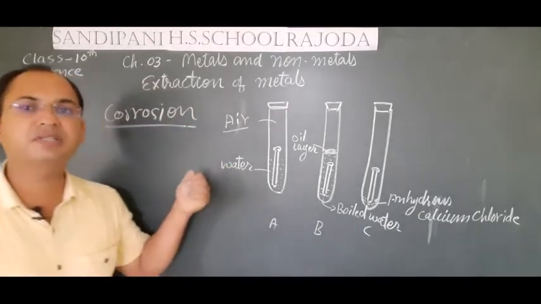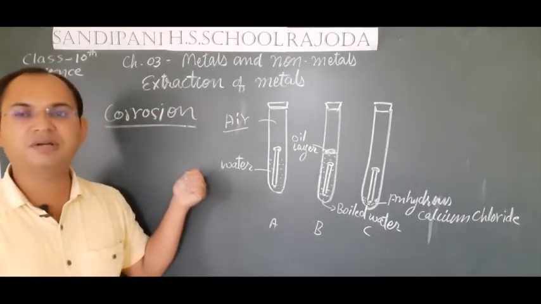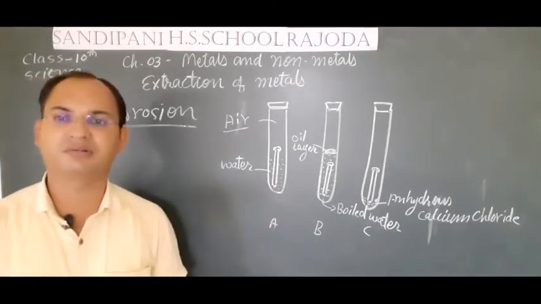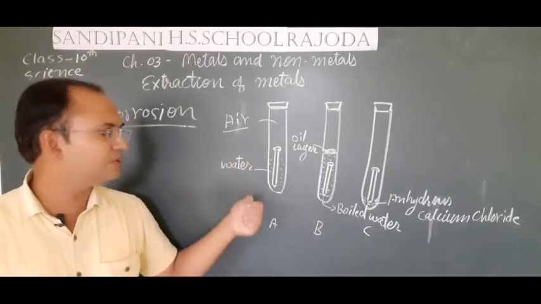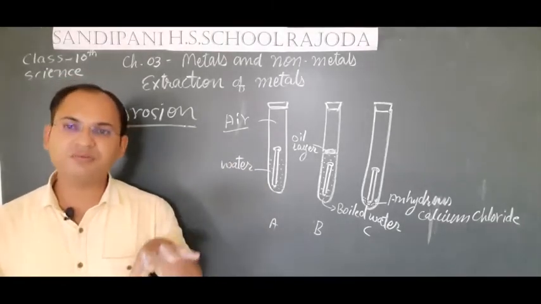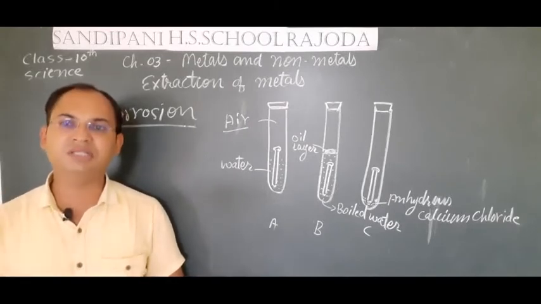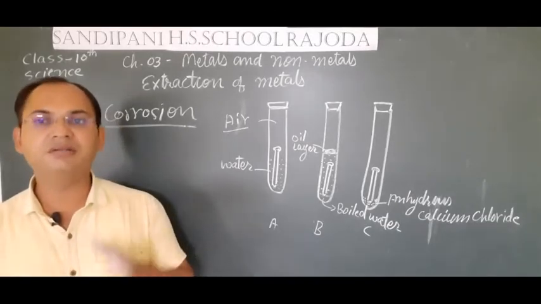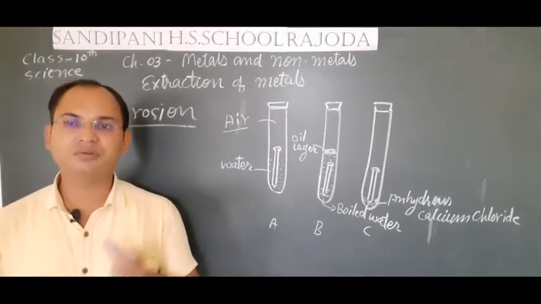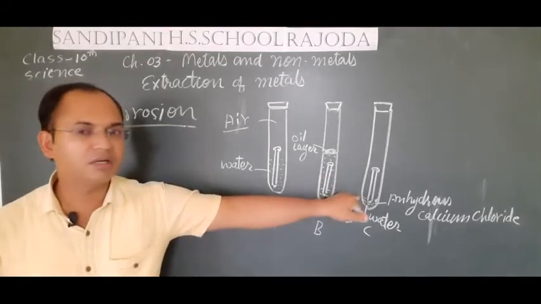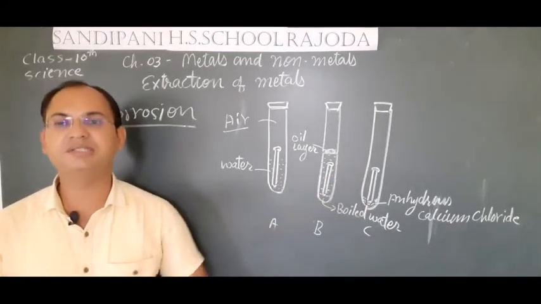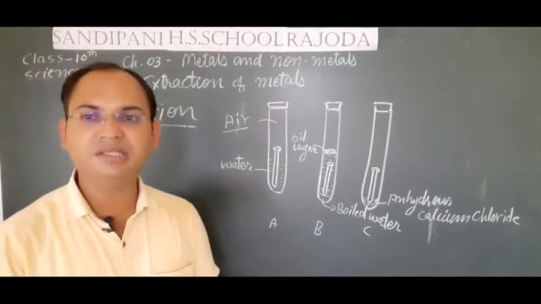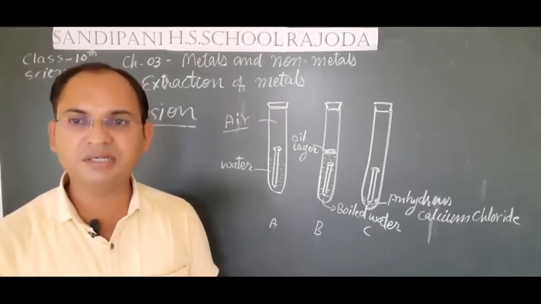But in the very first case, students, normal water was taken and there was air present inside the water also. So the first nail sufficiently gets water as well as air in order to react. So we can easily conclude that for rusting or corrosion, water and air both are essential. The condition for rusting of iron is that there should be presence of air and water.